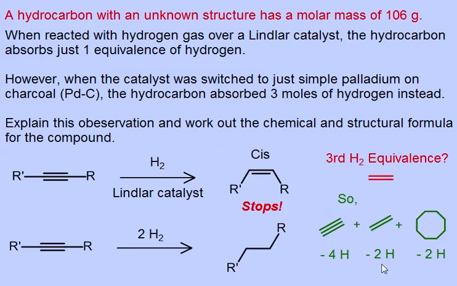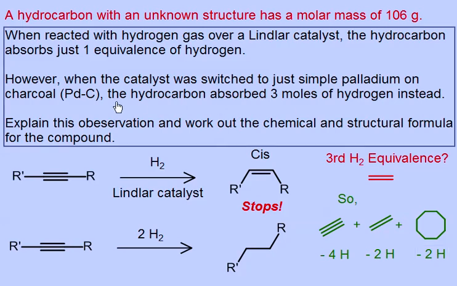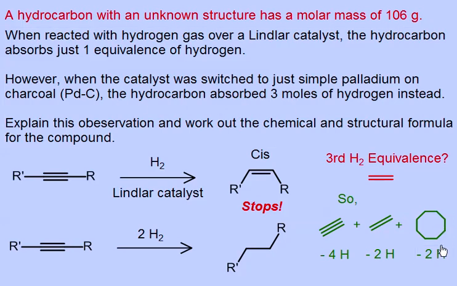That's only 6, and we're supposed to be down 8 from our original saturation point. So that last 2 hydrogens can only be explained if they're not absorbing hydrogen in the reduction. That last 2 hydrogens can only be explained by a ring structure in the molecule. So we have all the information we need now to propose an answer for the structural formula.